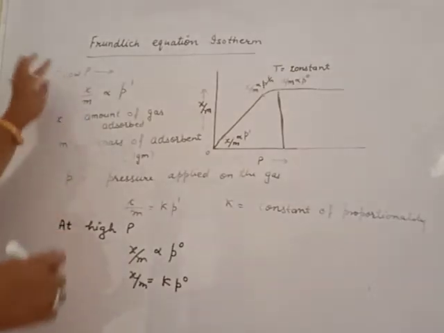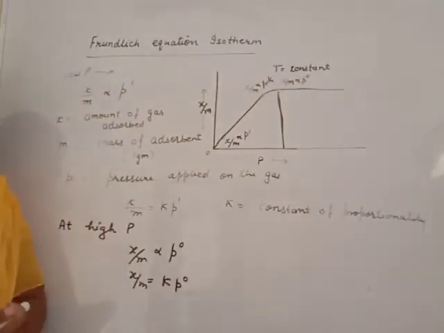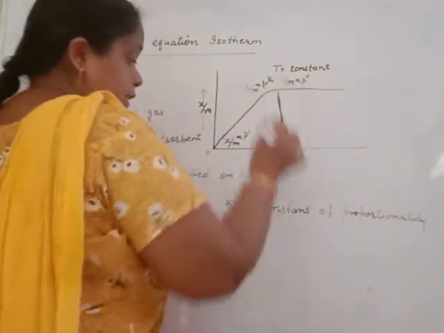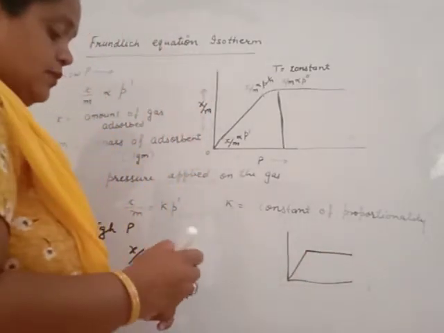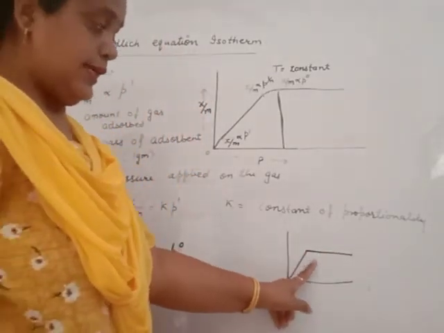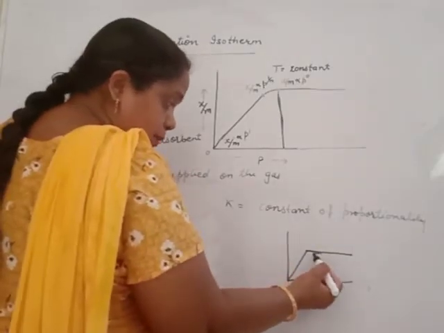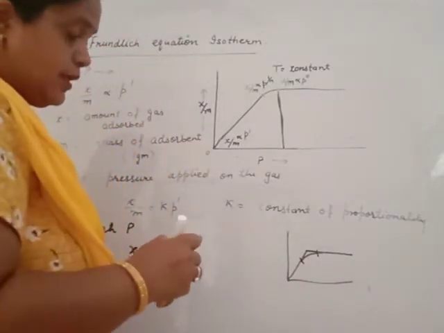At low pressure and at high pressure, a number of scientists explained this. Before Freundlich, the graph was just like this: first it increases and then remains constant. Freundlich first explained this slow increase.